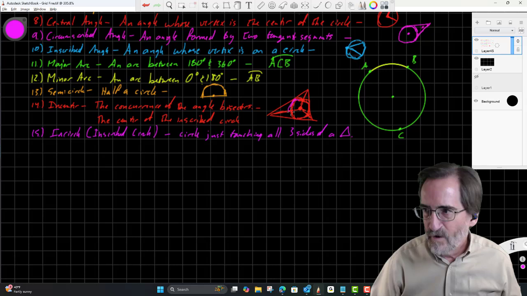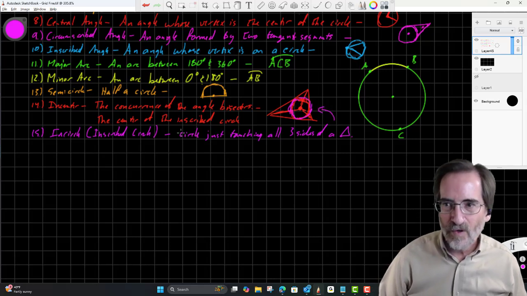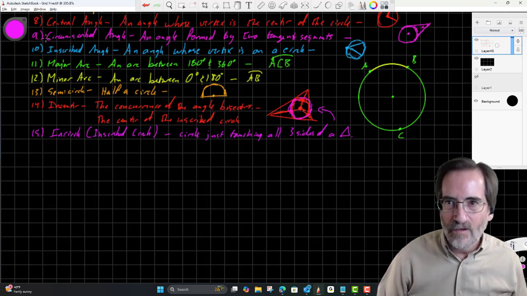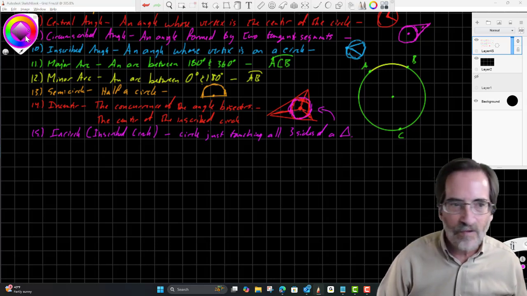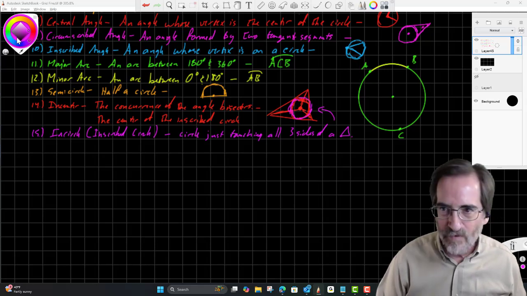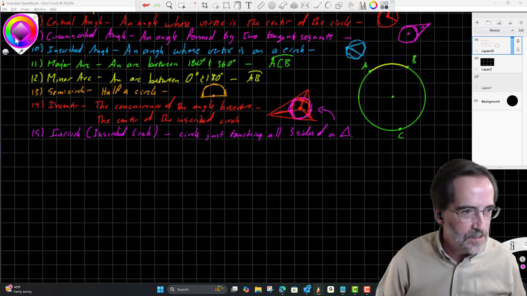Okay, and there's the example right there. I'll just highlight it. Incircle, or inscribed circle. Yeah, we did that. 14, 15, incircle. 16.